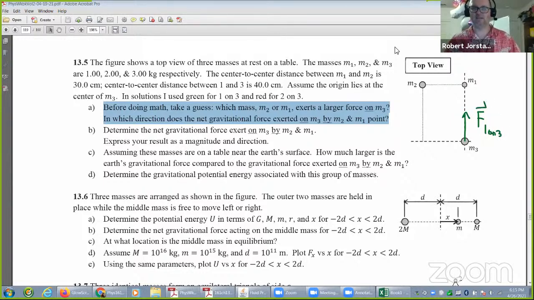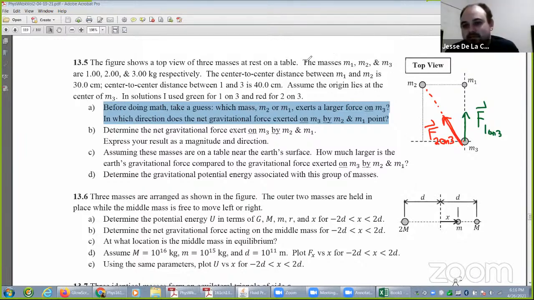And then the other one is going along this line here. Sorry, that's so crappy. That's the force of 2 on 3. What direction is the net force on 3? In between them. So you could also do the parallelogram rule, right?